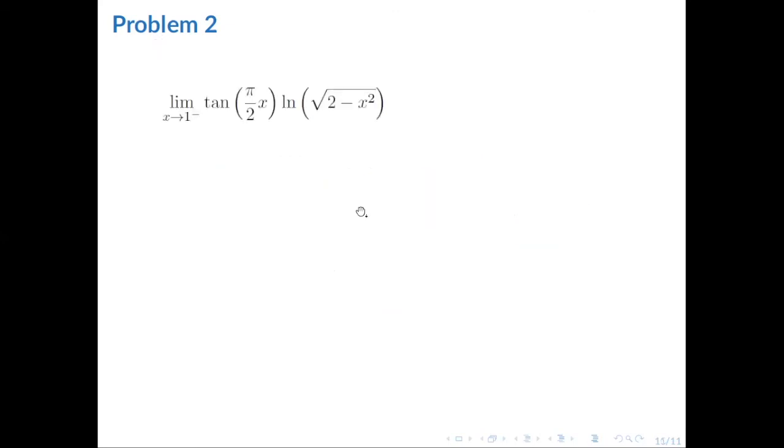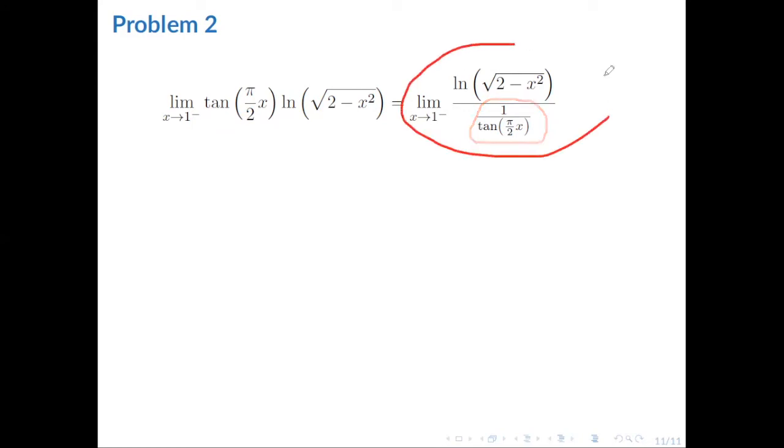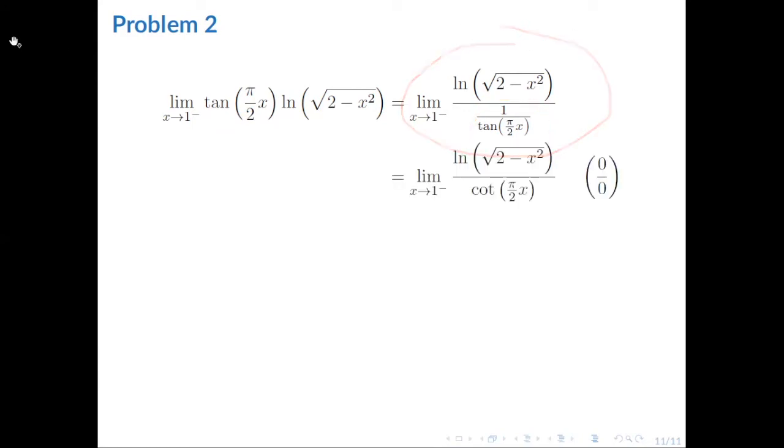So gagamitin natin ngayon yung procedure for 0 times infinity. Yung isa sa mga functions, ibababa natin, i-express natin as a fraction. In this case, binaba natin si tangent. So ito na siya. Then kapag in-evaluate natin, as x approaches 1 from the left, indeterminate form na naman siya.